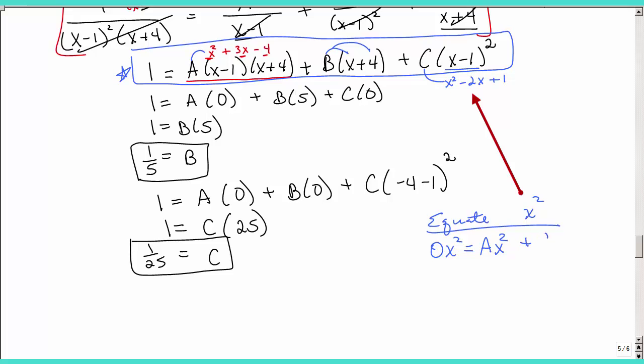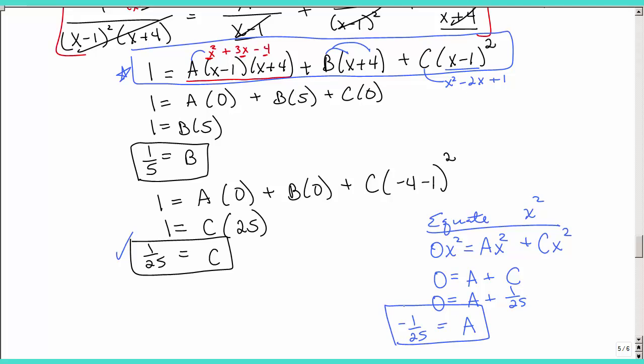So that's going to be c x squared. So they all have an x squared, so just looking at the coefficients, 0 equals a plus c. I have c. So that tells me that a is negative 1/25. You could have picked the x's or the constants. You're going to get the same exact answer.